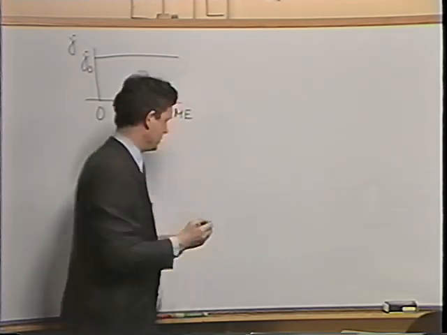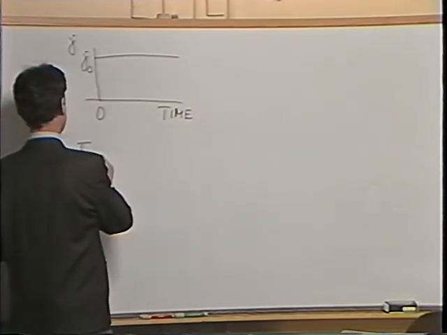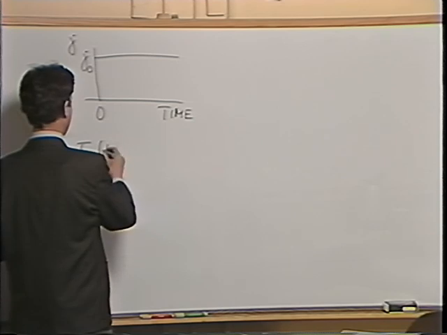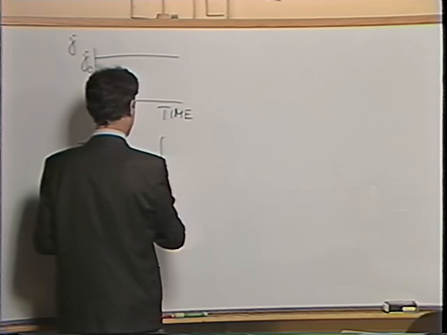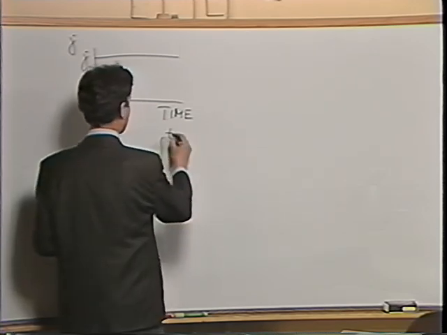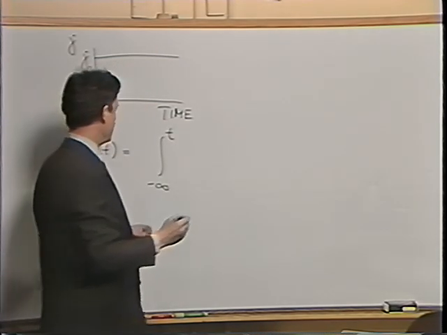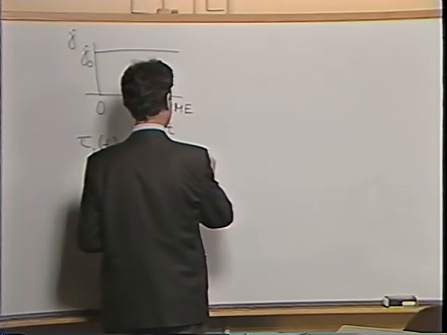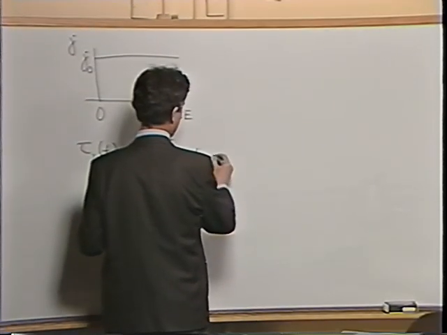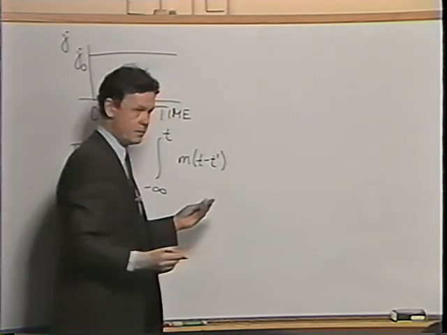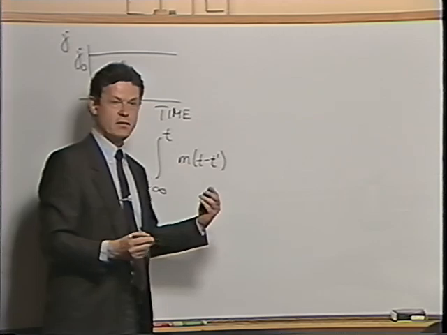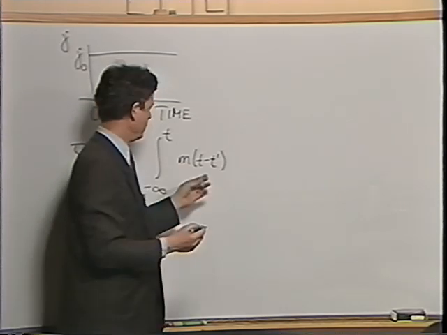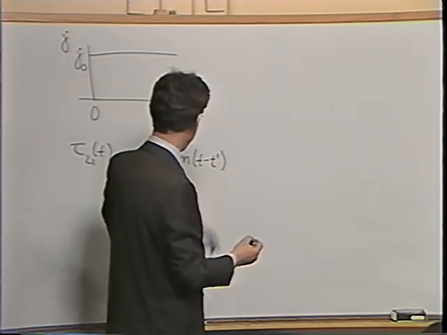Let's start with the shear stress. So the shear stress as a function of time is given by an integral from minus infinity to the current time t times the memory function evaluated at, say, t minus t prime. If we talk about isothermal flow, just the time difference is important. If you have variable relaxation times, you have to use a more complicated format.